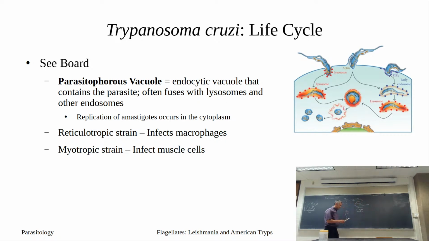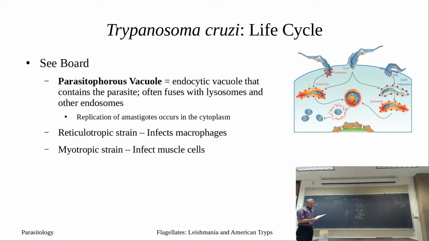And then what we will have is binary fission and cellular lysis that causes the macrophage to rupture, that releases the amastigote back into the blood and tissue fluid.